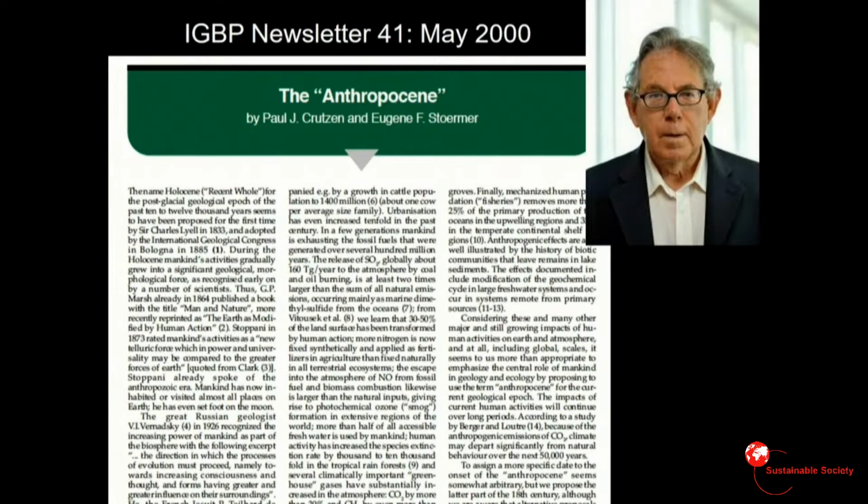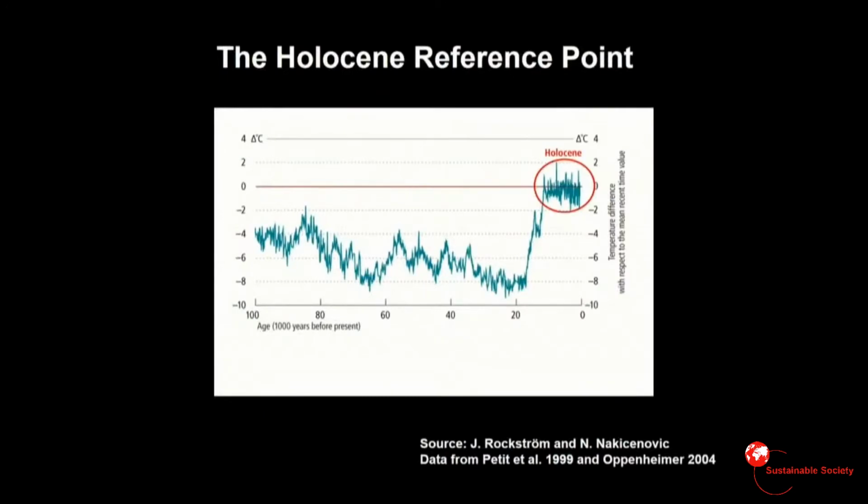So if we go to the next slide, then we'll see what he was talking about. This is the Holocene reference point that you can see there. So we're looking now at about 100,000 years of Earth history in terms of the global average temperature. We can get this information from ice cores. But you can see about the last 12,000 years on the right-hand side of that graph, temperature has been warmer and it's been very, very steady.